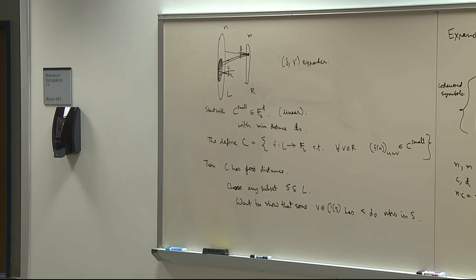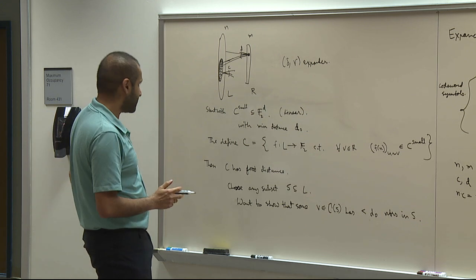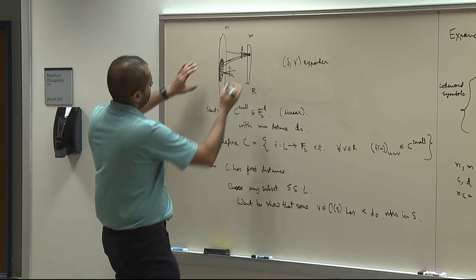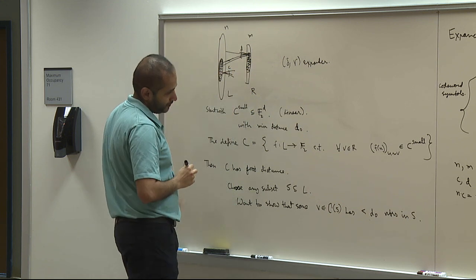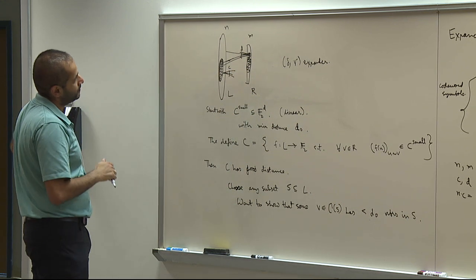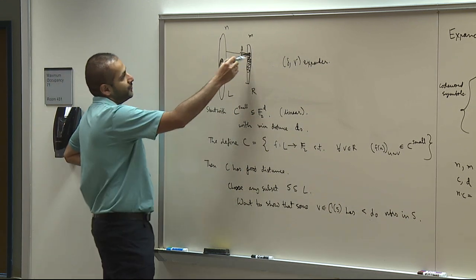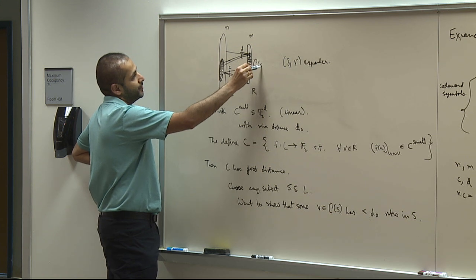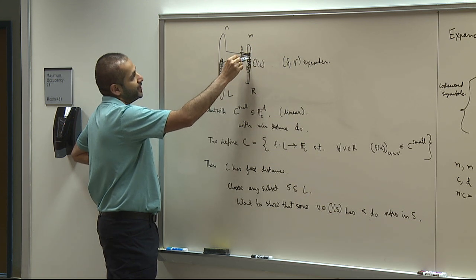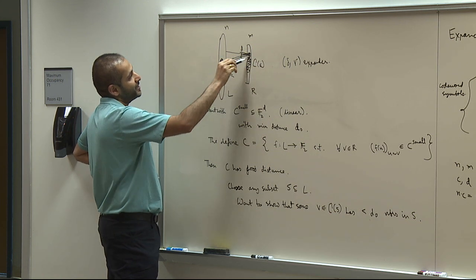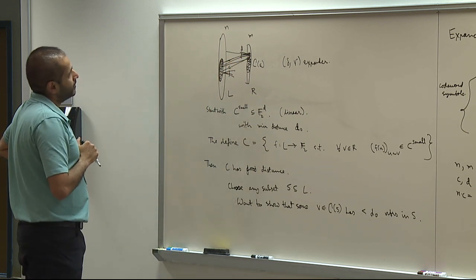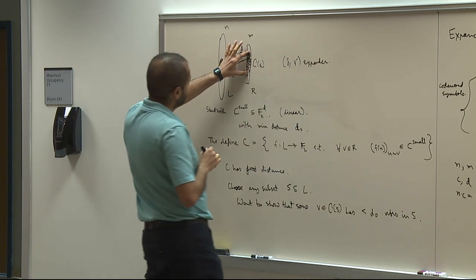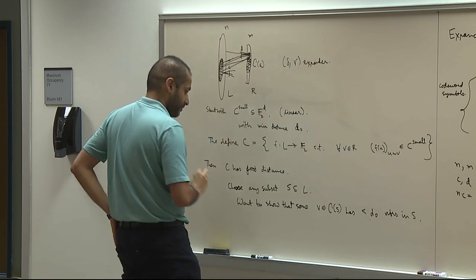Okay, and why is that going to happen? We want a vertex which has less than d0 neighbors in S. So what's the total number of edges coming into this?